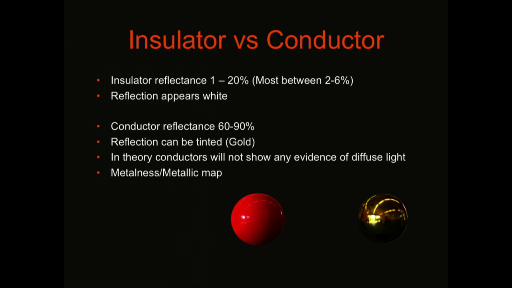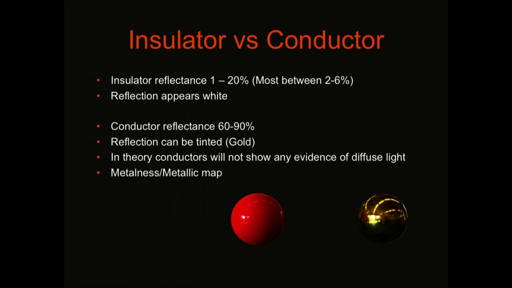And it's common for them to have a really low level of reflectance, so usually between 1 to 20%. And most of the materials are actually between 2 to 6%. And when an insulator is lit with a white light, the reflection appears also white. So it doesn't tint the reflection color.